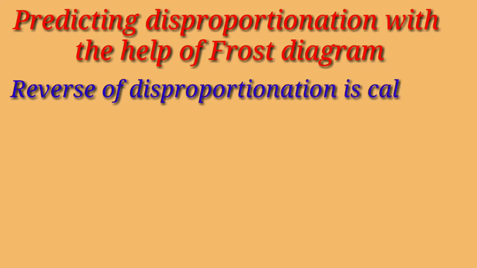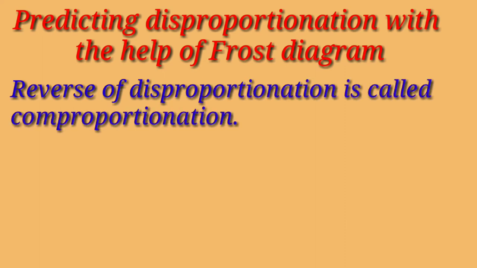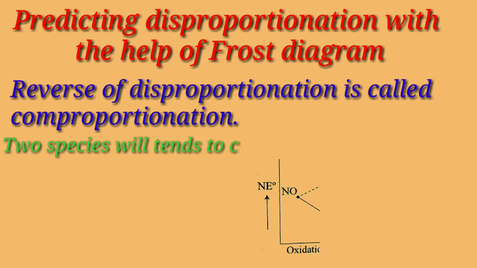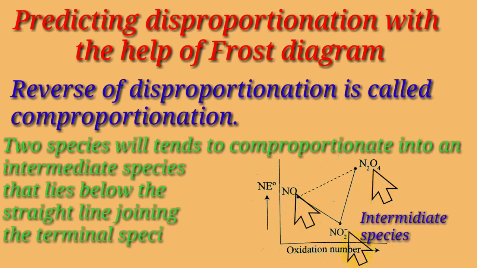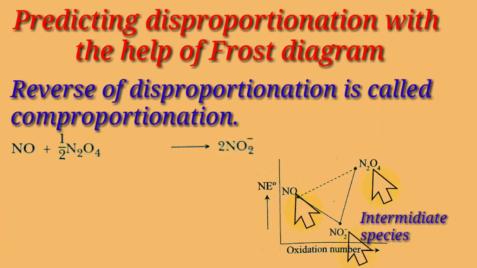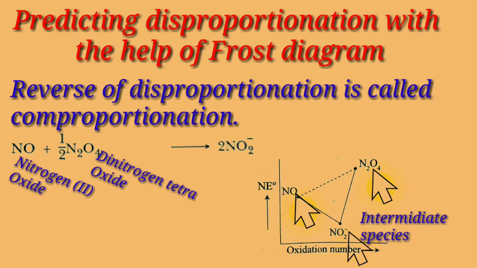Reverse of disproportionation is called comproportionation. Two species will tend to comproportionate into an intermediate species that lies below the straight line joining the terminal species. For example, the reaction between nitrogen 2-oxide and dinitrogen tetraoxide to form nitrite ion NO2- is predicted to be thermodynamically favorable because of the location of the species in the diagram.